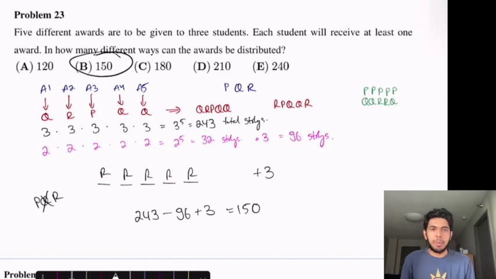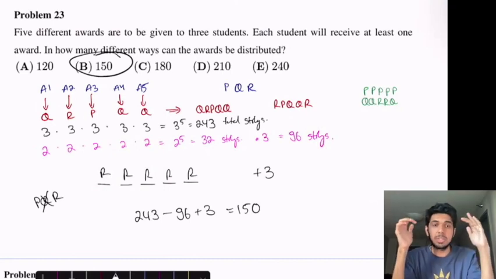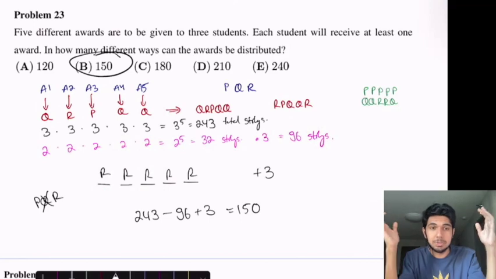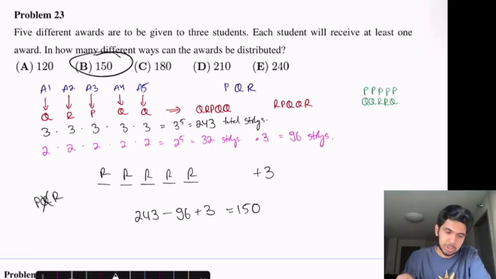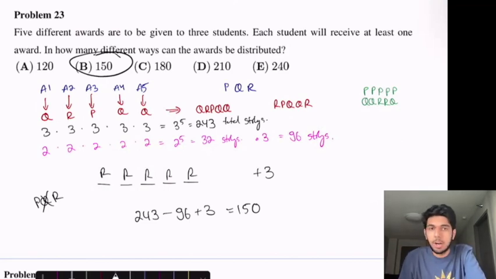So I admit maybe my explanation for this was a little bit tough to follow and a little bit tricky. But the principle that this question is using is called the principle of inclusion-exclusion. So if this didn't make much sense, I encourage you to learn it. Oftentimes it has to deal with sets, so you define certain sets and compute it that way, which is totally fine and works completely.